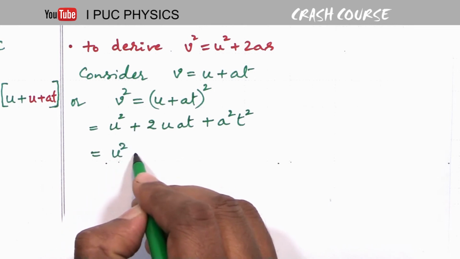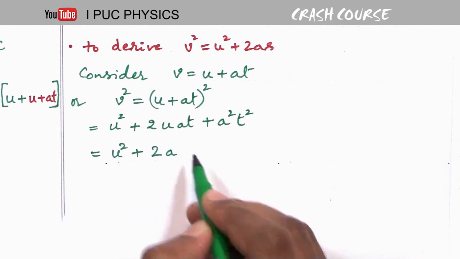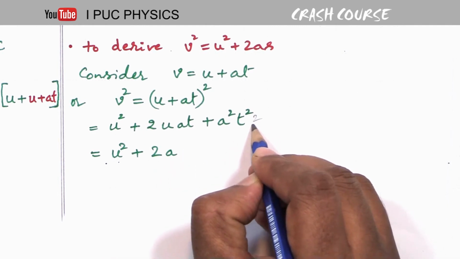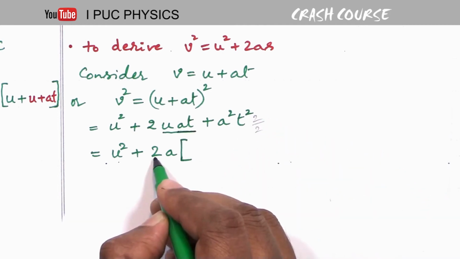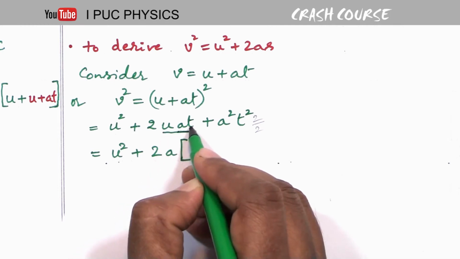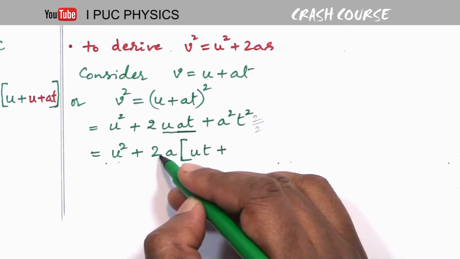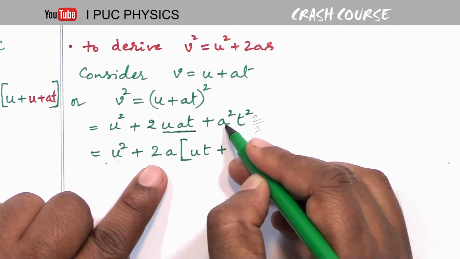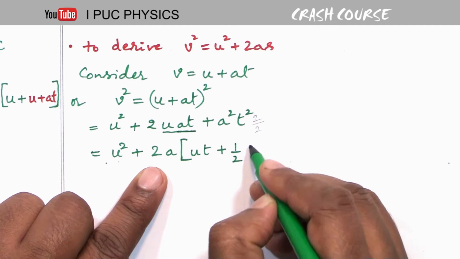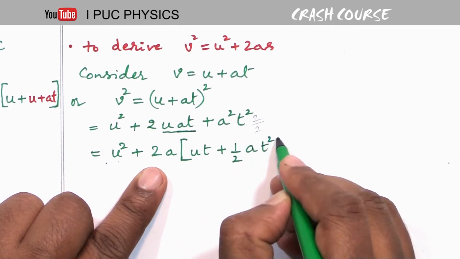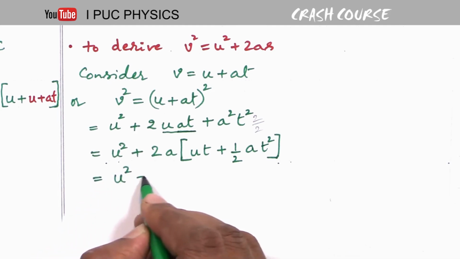u square plus, I want to take 2 common factor, 2 and a, but there is no 2 here. Therefore, let us make it 2 by 2. If I take 2a common factor, remaining is ut plus, 2 is outside, a is outside, so half is remaining, a out, t square, equal to u square plus 2a.